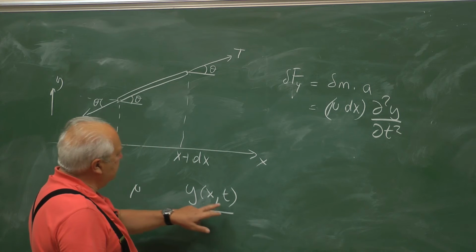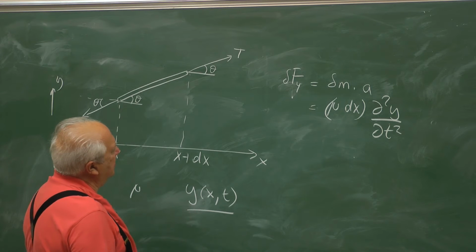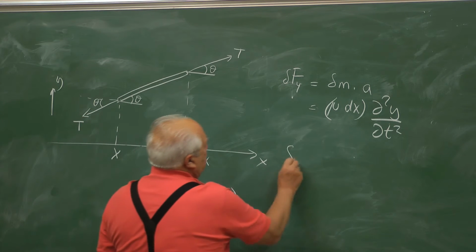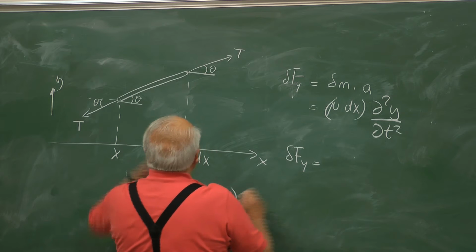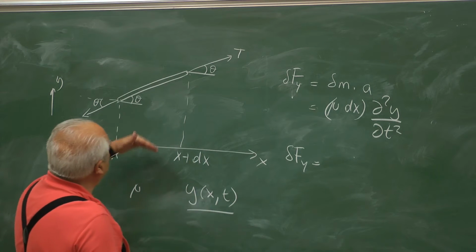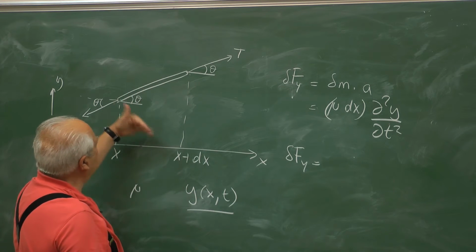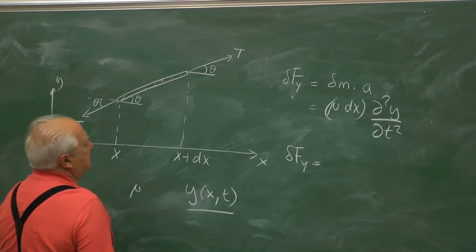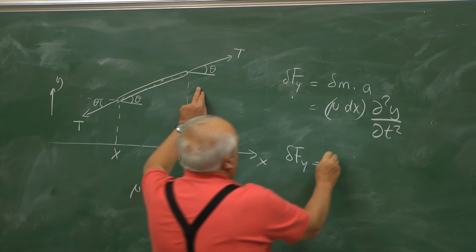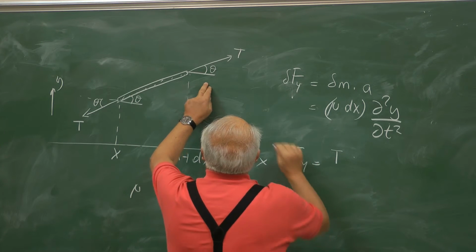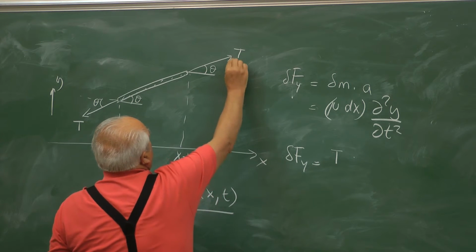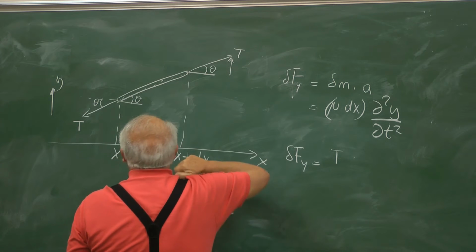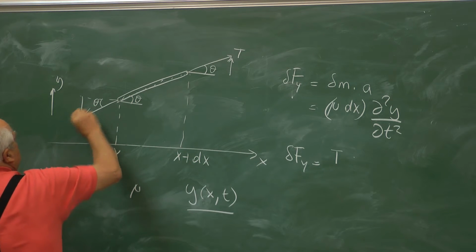We take the partial derivative because it's also a function of x. And the force in the transverse direction that is accelerating this part of the string is T. All right, so we have this component that is pulling it up, and this component that is pulling it down.